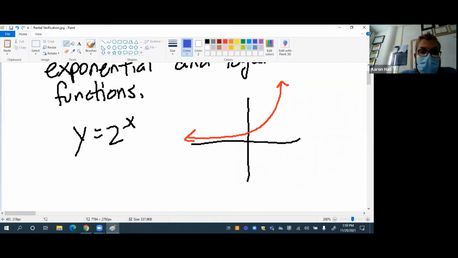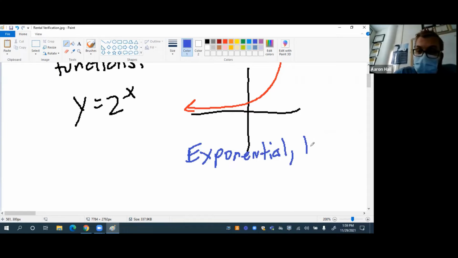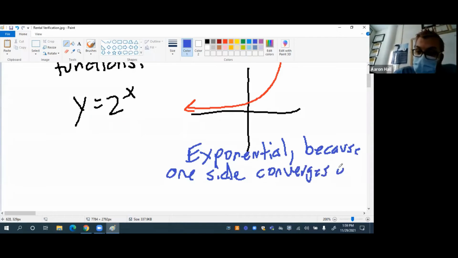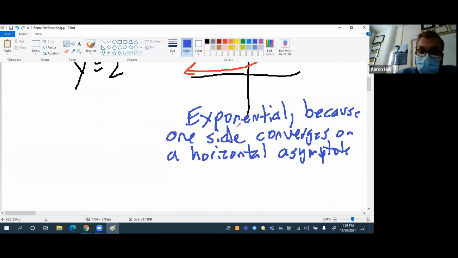So the graph is exponential because one side converges on a horizontal asymptote, and the other side shoots off to infinity or negative infinity.